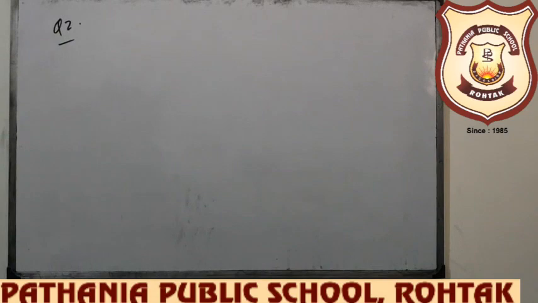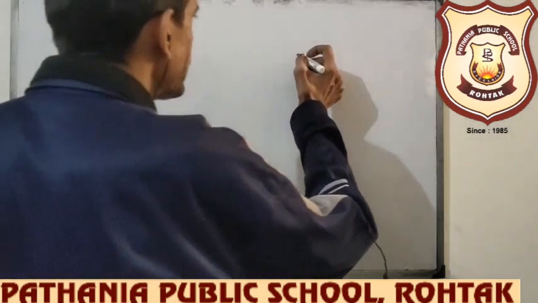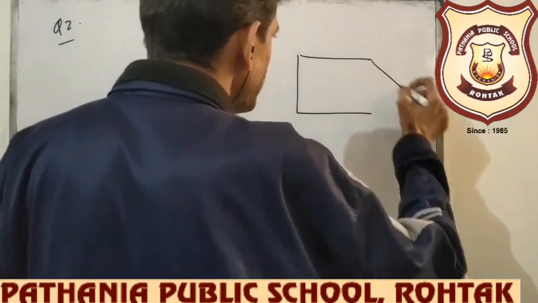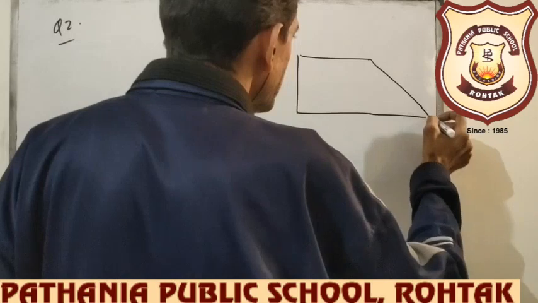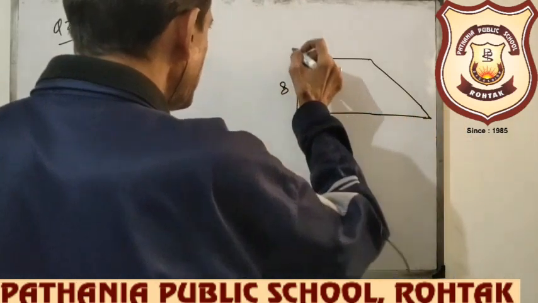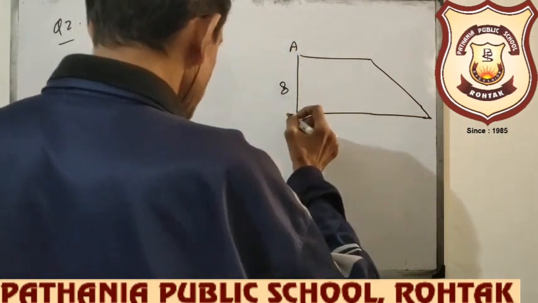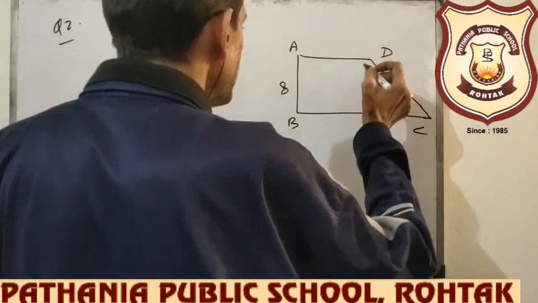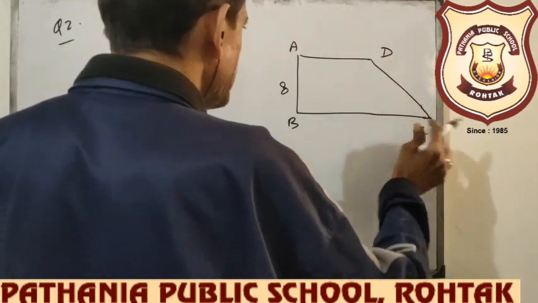Find the area of the given figure, and the figure is this. This figure is given. So this is 8 centimeter, AB, C, D and E. C is this.